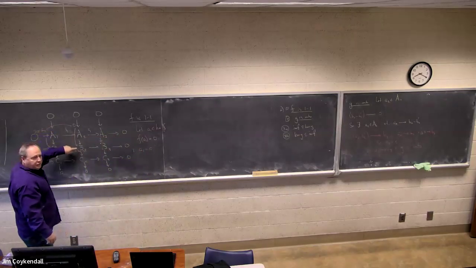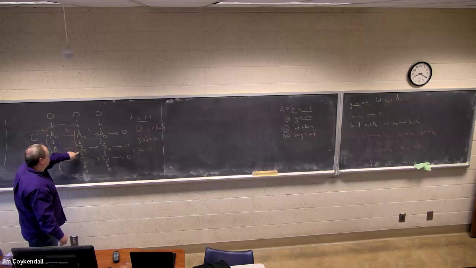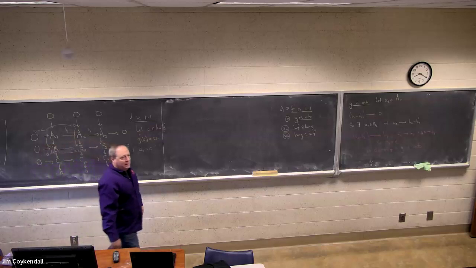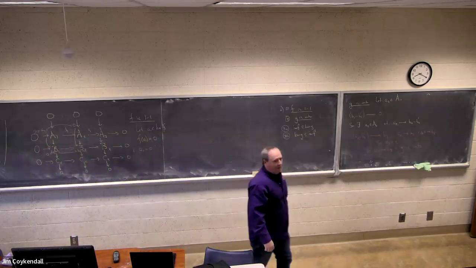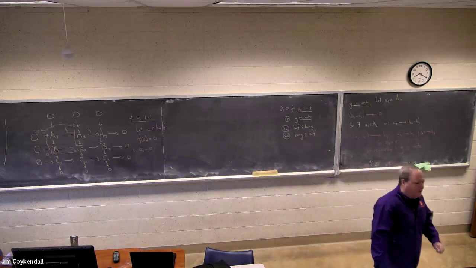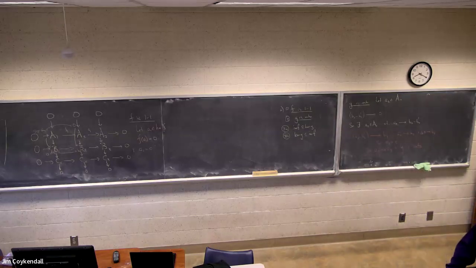So all this used is commutativity of the diagram to get 0 here, and the fact that these two on the corners are 1 to 1. Notice the 1 to 1 part of this is much easier. I didn't visit much of anything at all. I didn't fly all over the place like I did with the onto.